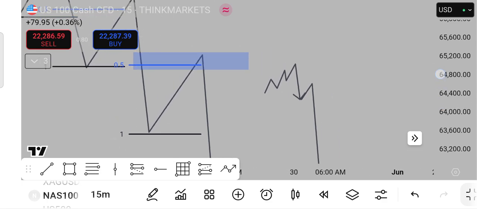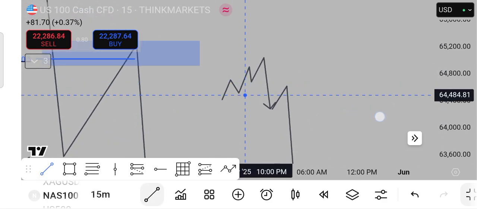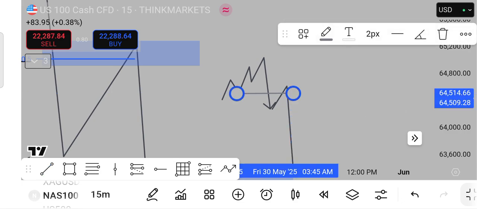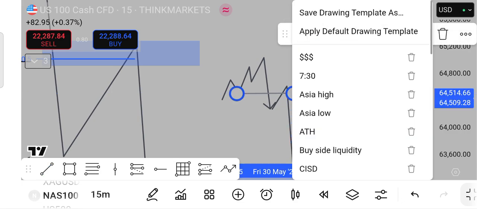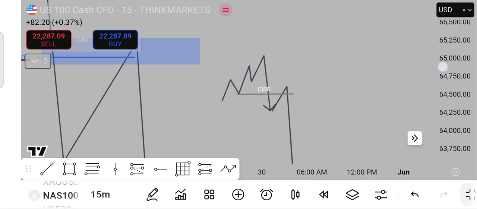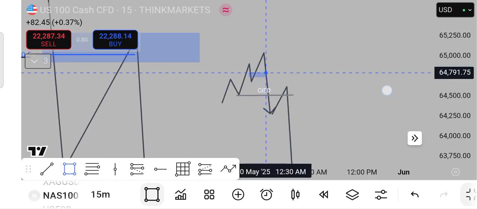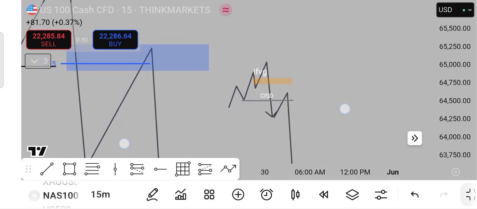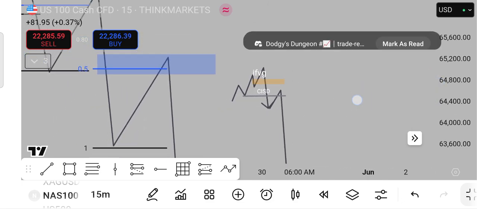So the change in state of delivery will be here. The first candle that does that, we call it change in state of delivery. Or in lower time frame, there will be an inversion FVG here. That gives more confidence that market is moving downside now.